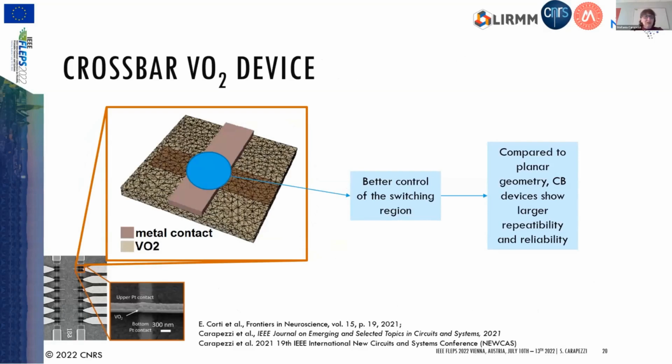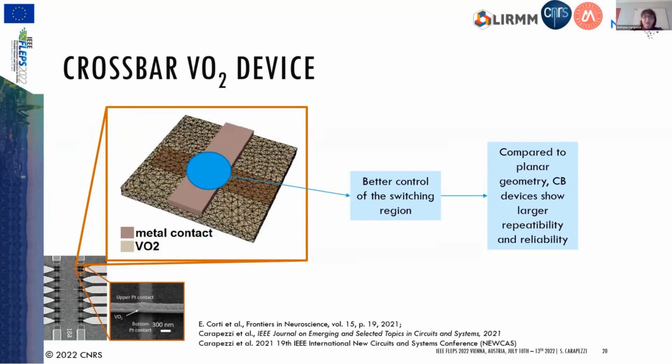So here is the kind of device that I have simulated. This has been fabricated by another partner of the NeuroMorphic project, IBM. It is in the so-called crossbar configuration. So you have a top and a bottom electrode, and they sandwich the vanadium dioxide layer.